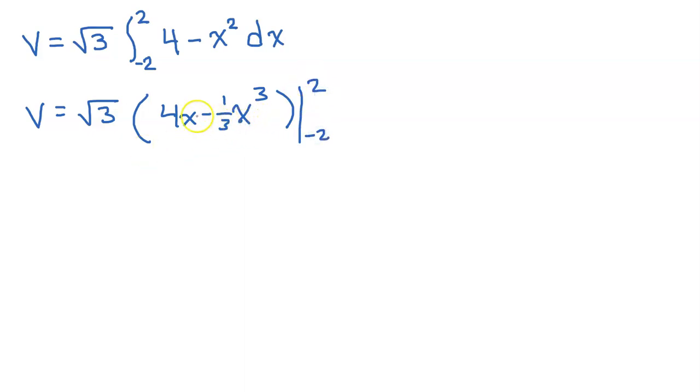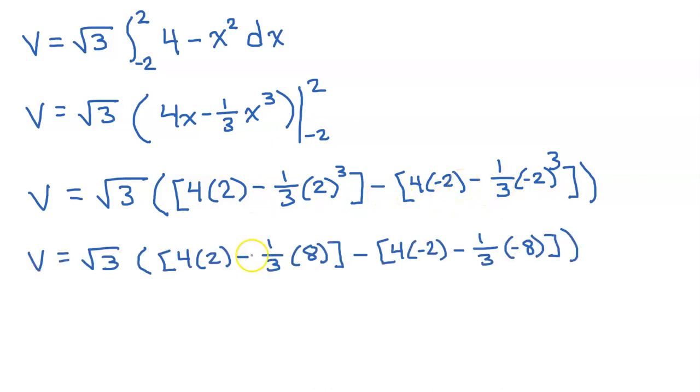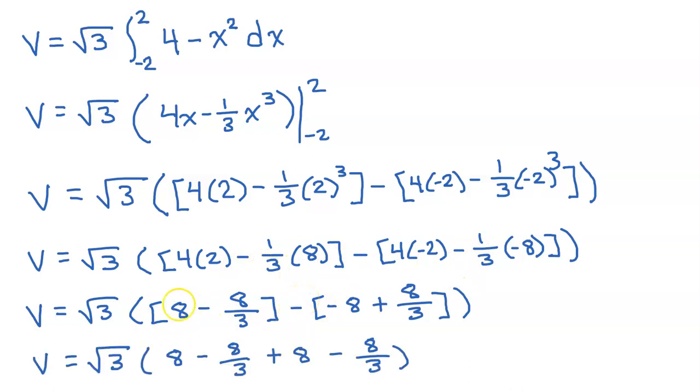This means we need to find the value at 2 minus the value at -2. So here we have the value at 2 minus the value at -2. Applying the exponents, we have this. Performing the multiplication gives us this. Getting rid of the brackets and distributing this negative sign gives us this.